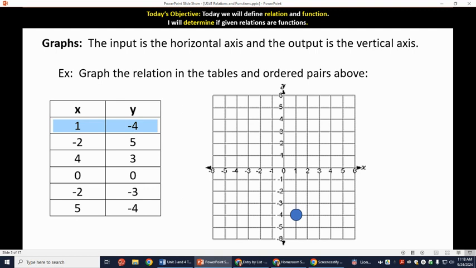So that has an x value of 1 and a y value of -4. My next point is -2, 5. If I start at the origin, my x value is -2. So I look at where -2 is on the x-axis, and then from there, I'm going to go up where it's equivalent with the 5 on the y-axis.